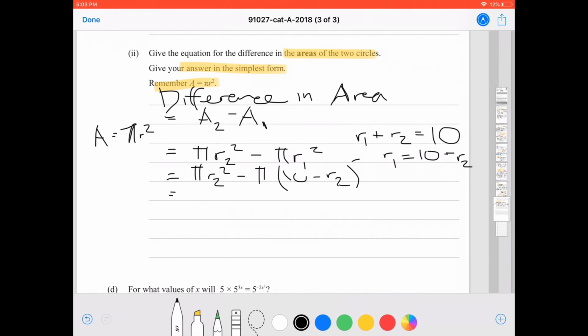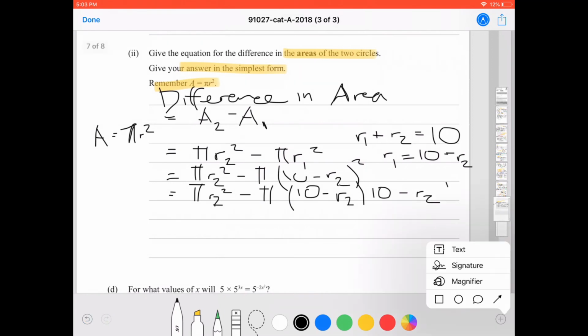Okay, and the whole thing is squared, right? Okay, continuing on, R2 squared minus pi, and we're squaring the numbers. Formula for squaring, well, let's write it out, R2 and our second bracket rather.